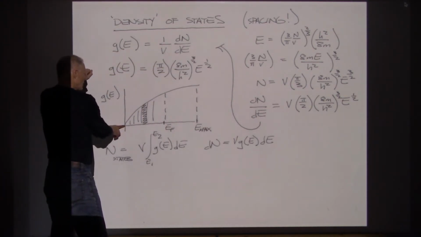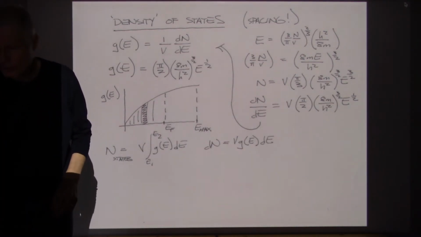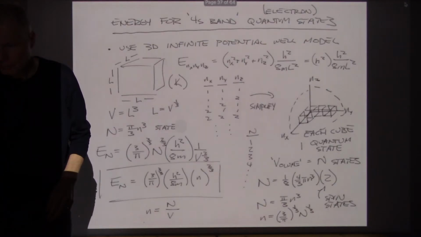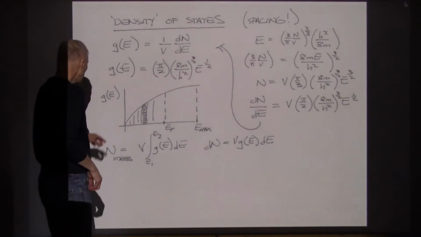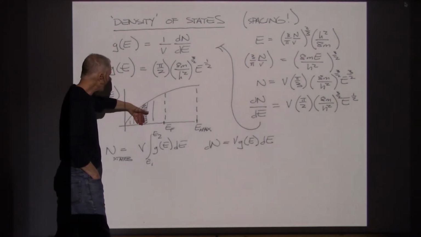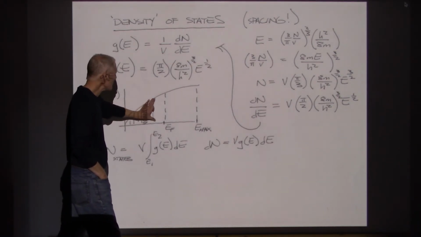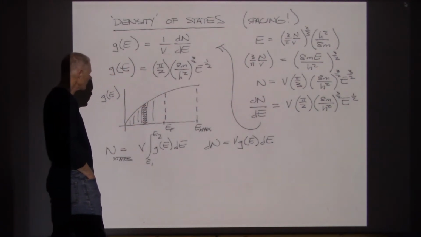It says that if we start at the low end of the band of quantum states, as we move through the band, the states are actually packed closer and closer. There are more and more states as we move through the band.